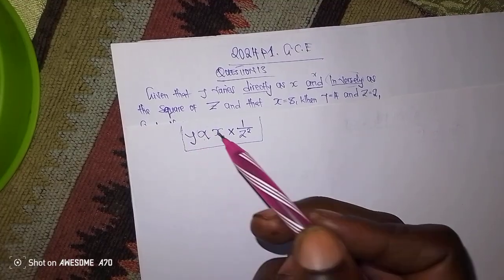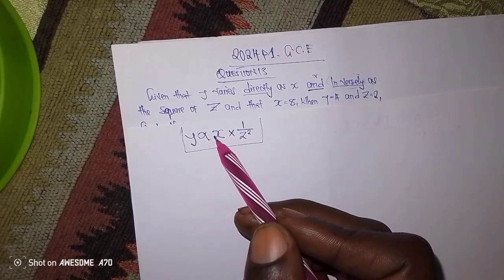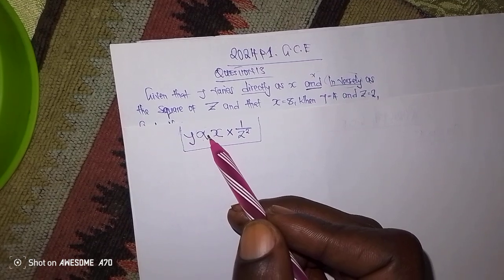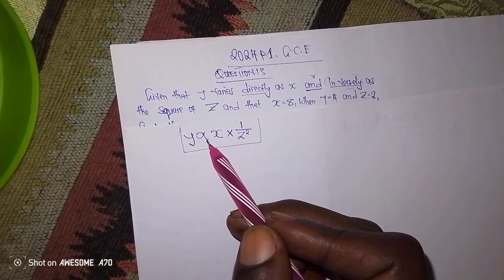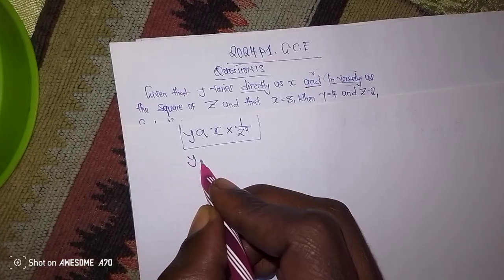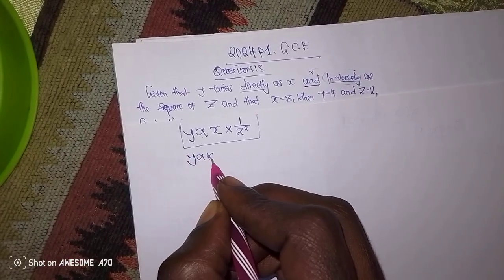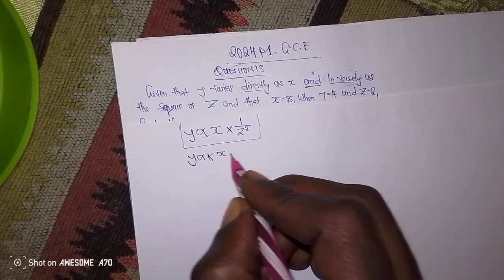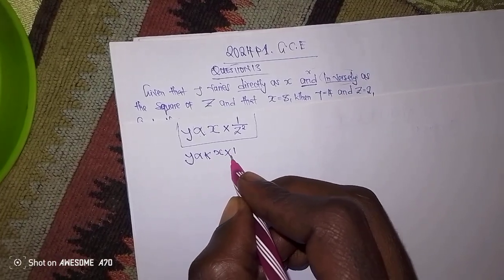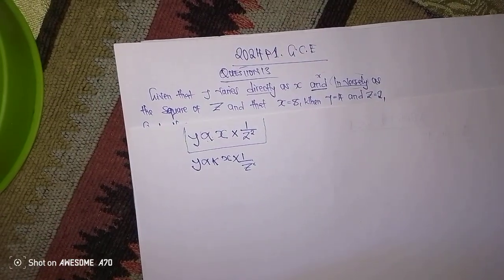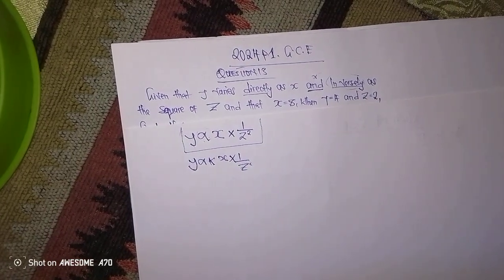In this case, that constant number should be introduced right after the symbol for varies. So when you introduce it, it will be as follows: k, then x multiplied by 1 over z squared. Hope you understand from there.